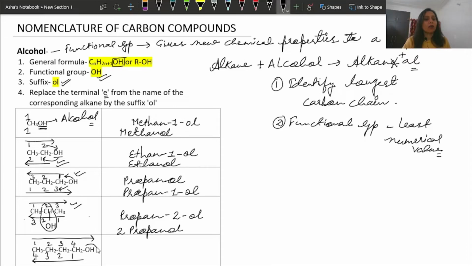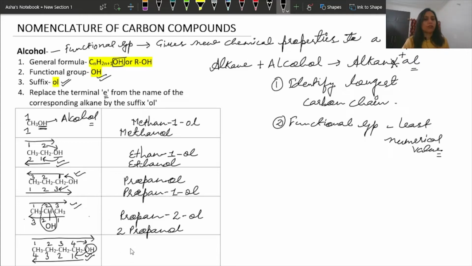So alcohol is coming at 1 position in backward counting. And if you are taking front to back counting, alcohol is coming at 4th position. Right, so obviously we will have to give the least number, so we will be taking the backward counting. So it will be at number 1 position.